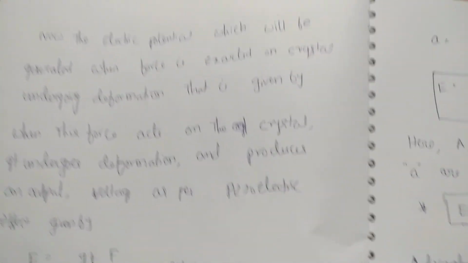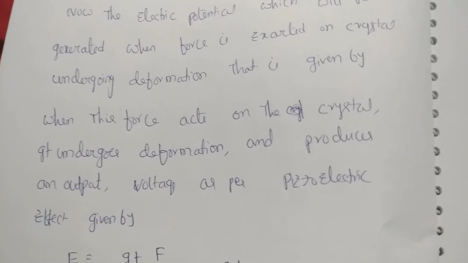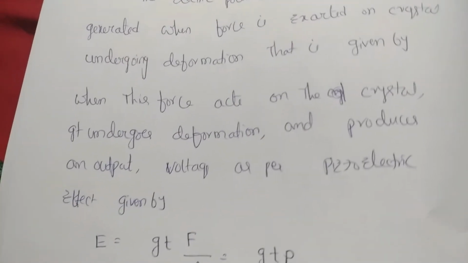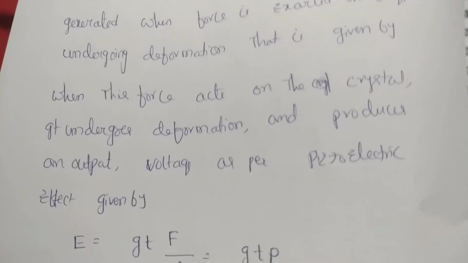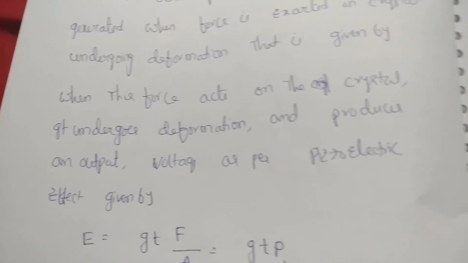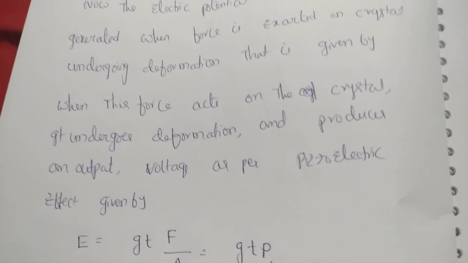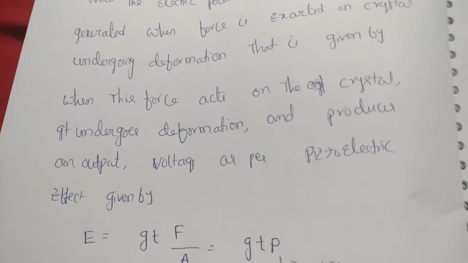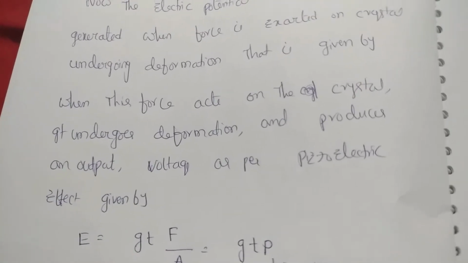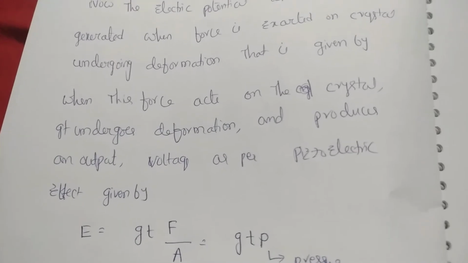Now the electric potential which will be generated when the force is exerted on the crystal: when the force is applied across the crystal, it undergoes deformation. When the force acts on the crystal, it is deformed, and it produces output voltage across the surface of the crystal, depending on the deformation and the pressure applied across the material.